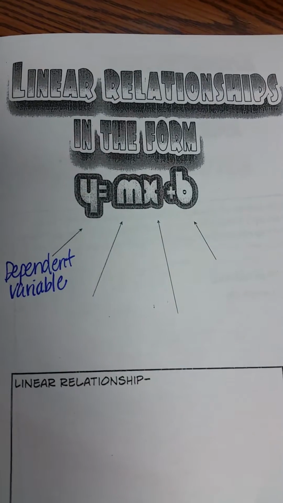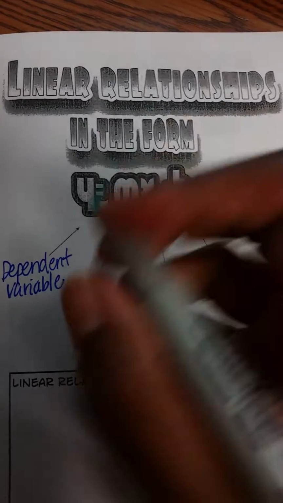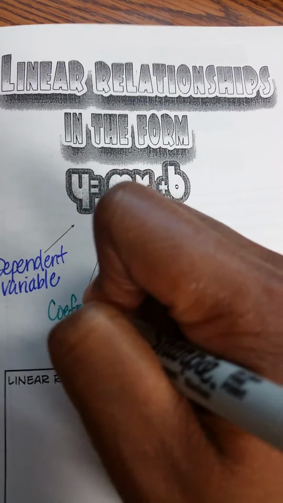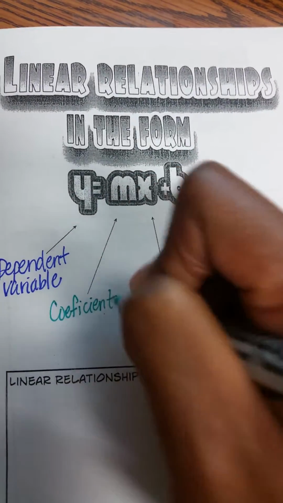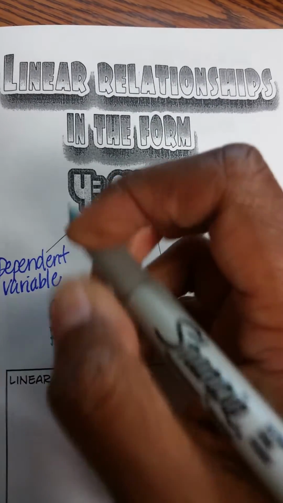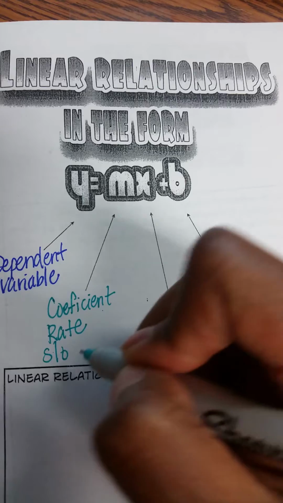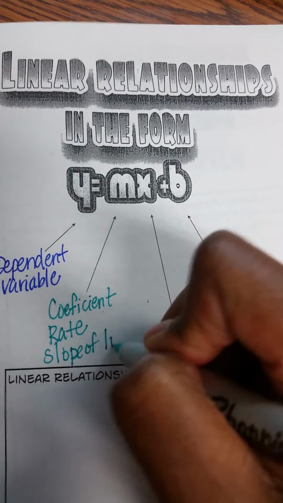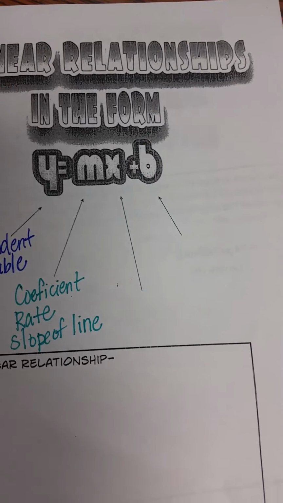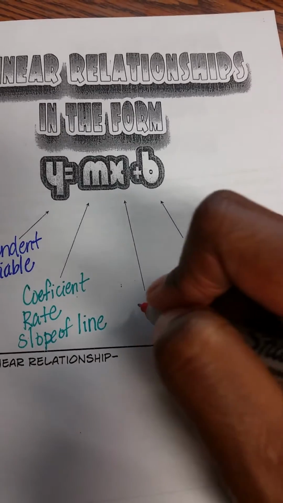Okay, my m is going to be my coefficient, which we know means the number before the variable, or the rate, or the slope of the line, which is the steepness of the line. Our x is our independent variable.